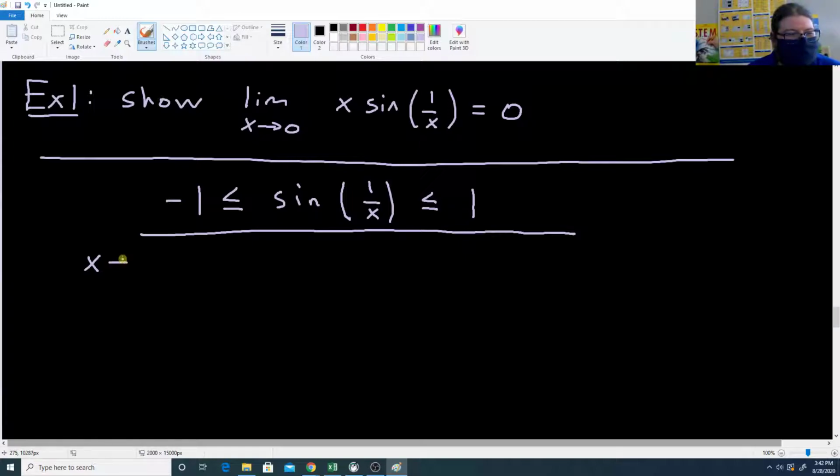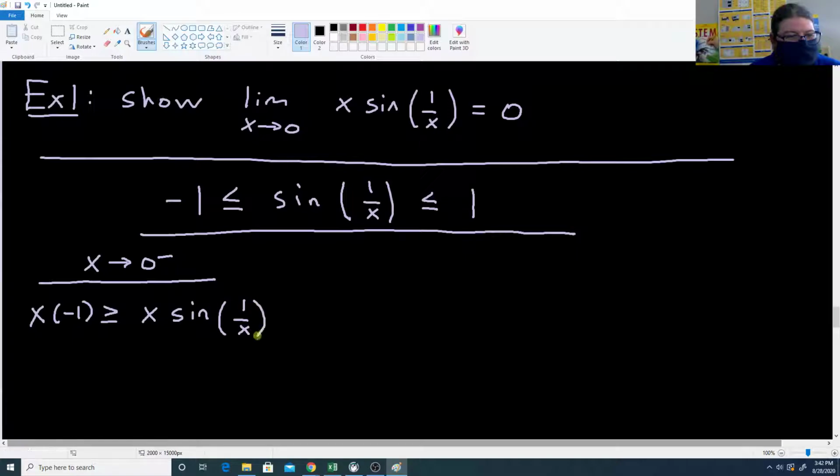So let's look at the case where x approaches 0 from the left. If x is approaching 0 from the left, then I multiply this whole equation through by x. The inequality directions flip, because when you multiply an inequality by a negative, the direction of the inequality flips.